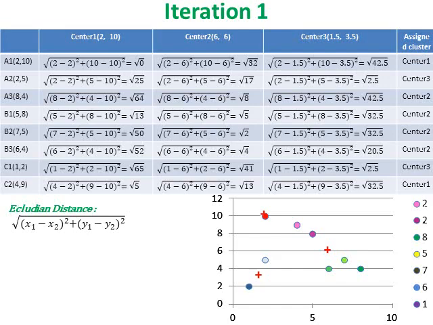The minimum value among these three is root 0. So the A1 data point is assigned to center 1. In the same way, you should calculate the distance from each data point to each center and assign the minimum value to the respective center.